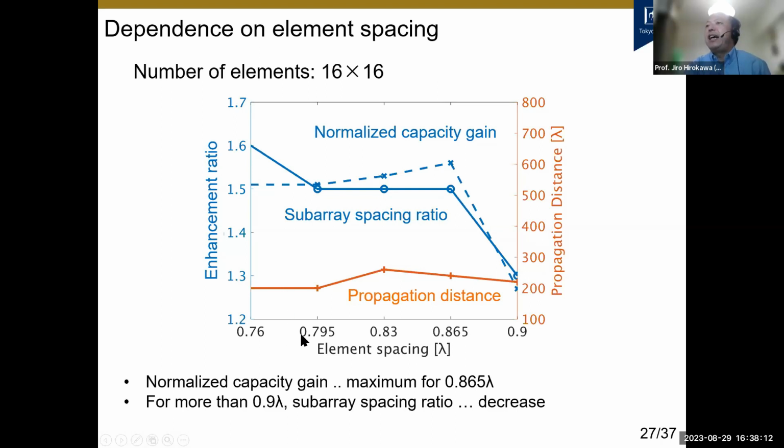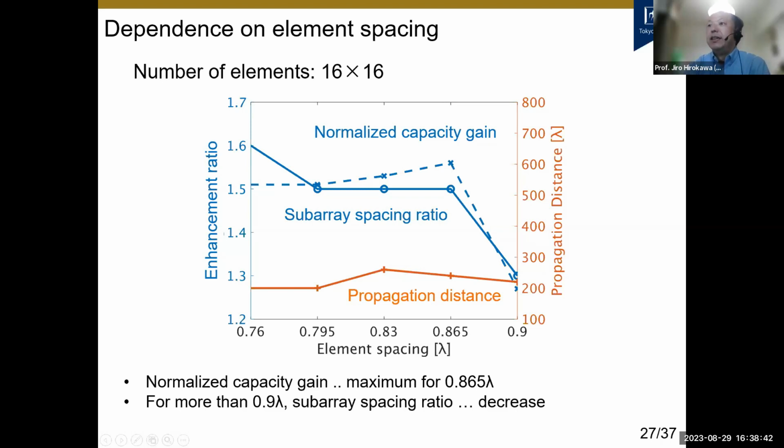So we change the element spacing, then we change the subarray spacing ratio. Then we estimate the normalized capacity gain and propagation. Also, we give the propagation distance to maximize the normalized capacity gain.